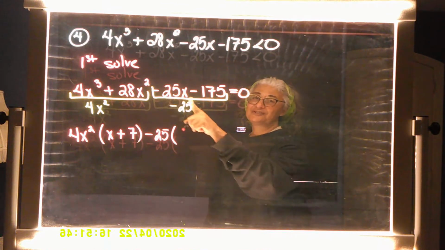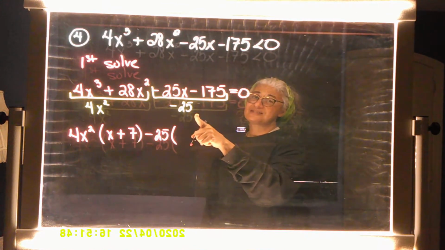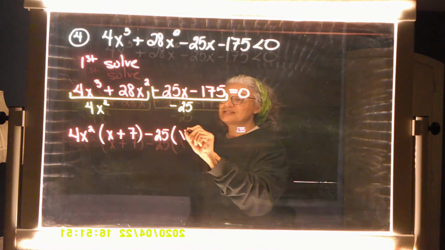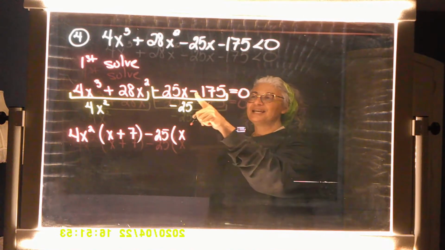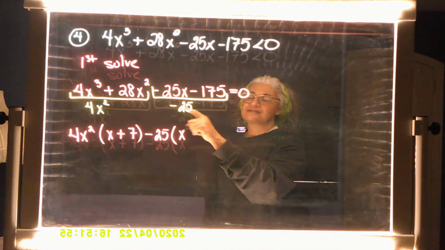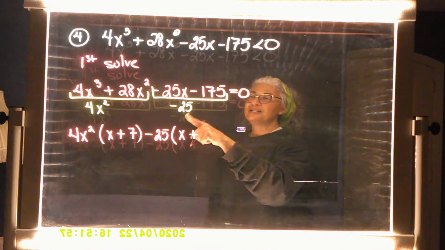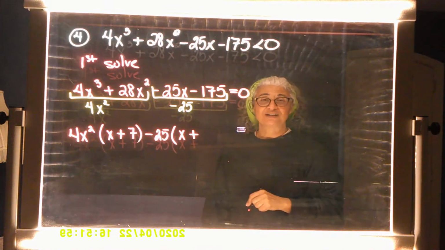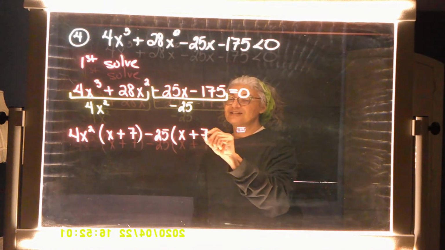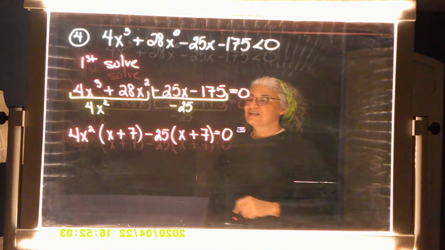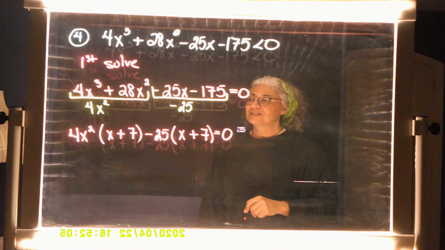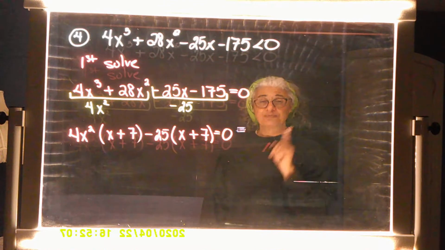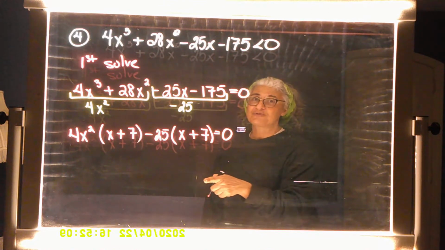Well, gratefully, a negative 25 divided by itself is 1, which leaves me just the x. A negative divided by a negative is positive. And 25 goes into 175, good, 7 times. Looking familiar? Yeah, you did these before. It may have been a while, but you've done these before.